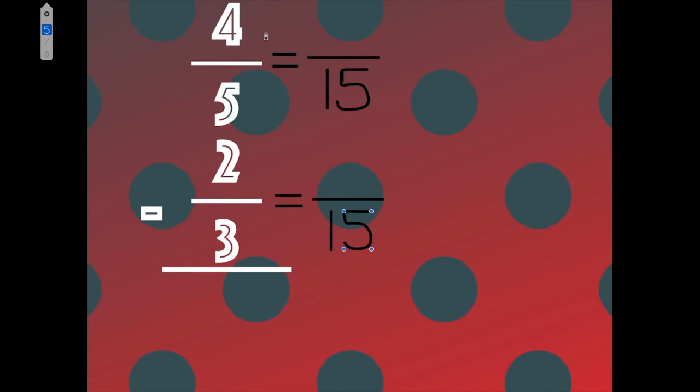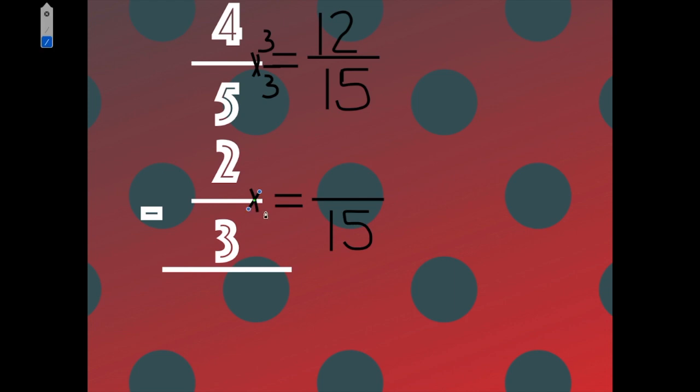So to change 4/5 into 15ths, I have to think about how I got from my 5 to the 15. So I multiply that by 3. So I'm going to multiply the numerator times 3. 4 times 3 is 12. And then 2/3, I'm going to change into 15ths.